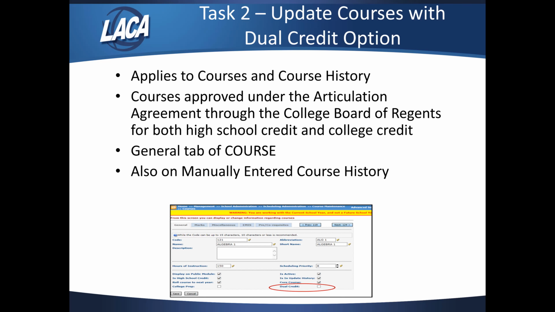So if that agreement is with COTC, if I go to COTC, I will get credit for this. But if I go to OUZ or Ohio State, I won't get credit because the articulation agreement was only with COTC. So COTC will grant me credit, but no one else will. So no, that's not considered dual credit, and you won't put in college credit hours on that. But that is a really good question.